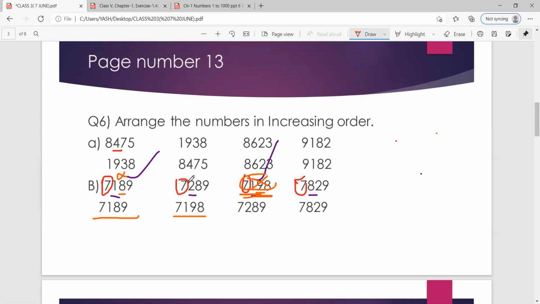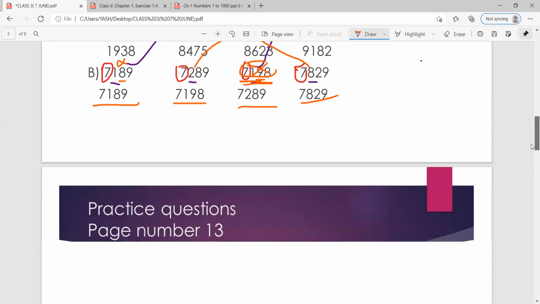Now we have to compare between these two numbers, this one and this one. So here we can see second place is 2 and here we can see second place is 8. So which one is small? 2 is small or 8 is small? 2 is small. So let's keep 7, 2, 8, 9 first and fourth should be 7, 8, 2, 9. So this is how we can arrange the numbers in increasing orders.